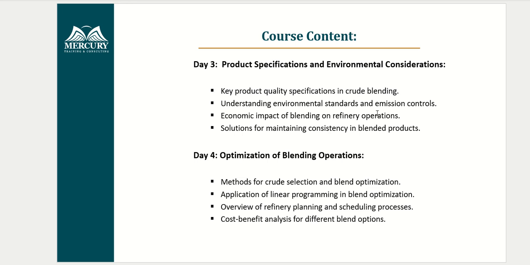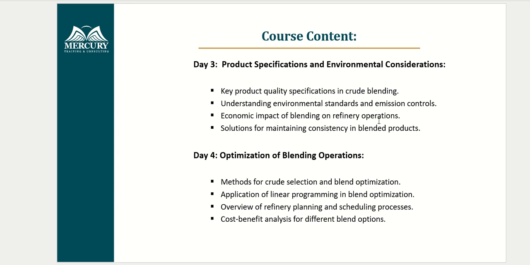Suppose we're talking about ATFs, like jet fuels. What are the key properties which have to be maintained in jet fuels, like smoke points, and in diesel, pour points. So many things are there. So I covered key product quality specifications, and understanding environmental standards and emission control on day three.